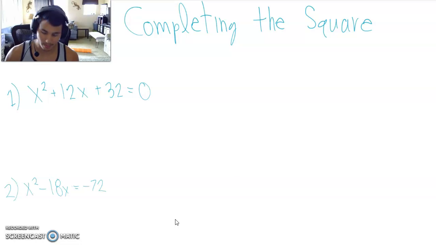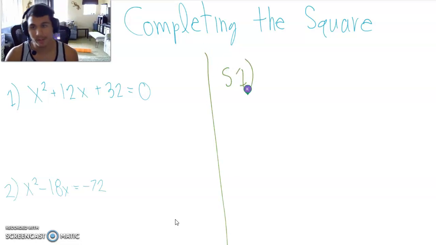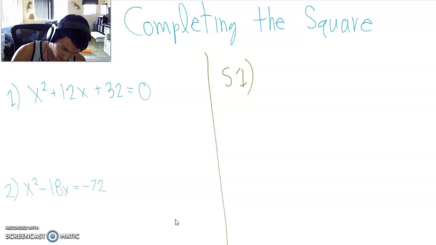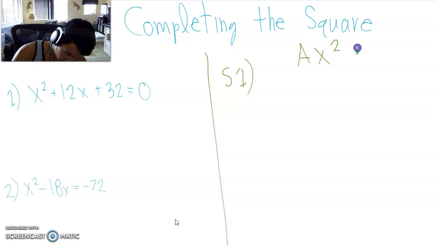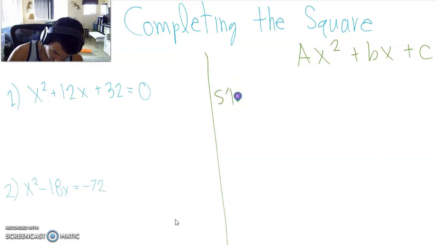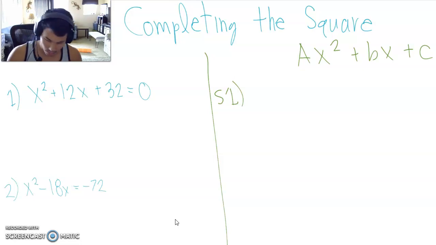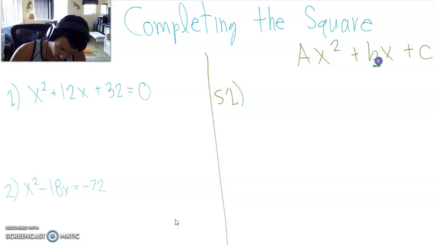So I'll start off by describing the steps, right? Step one is, well, actually, before we do that, remember the form x squared plus bx plus c, right? What we do for step one is we always look at b.